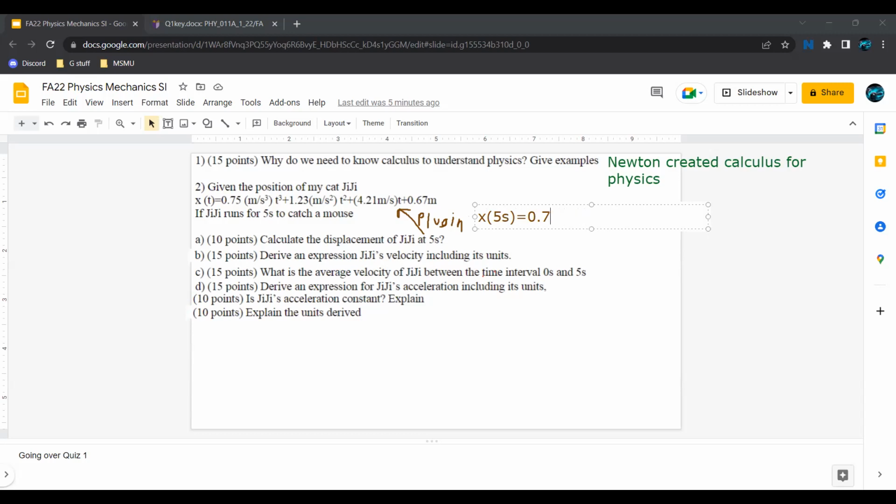I'll just leave a space there because it's hard to do the meters over second cubed in Zoom. It's 1.323 meters over second squared. Leaving space for that. Plus 4.21 meters over second probably too.